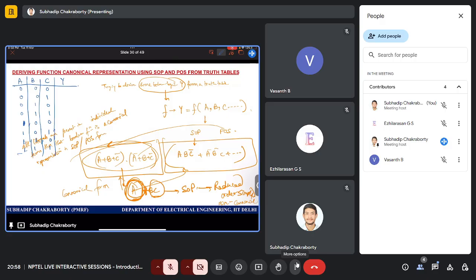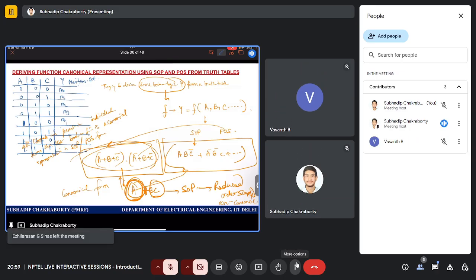Now these are all known, right? And you have the min term form in sum of product form as M0, M1, M2, M3, M4, M5, M6 and M7.